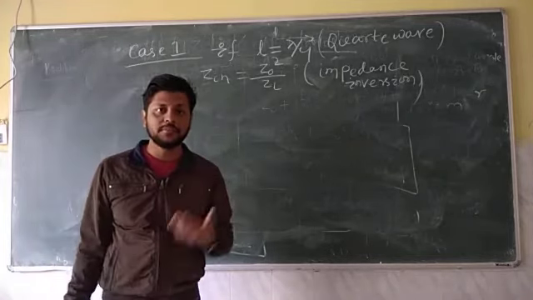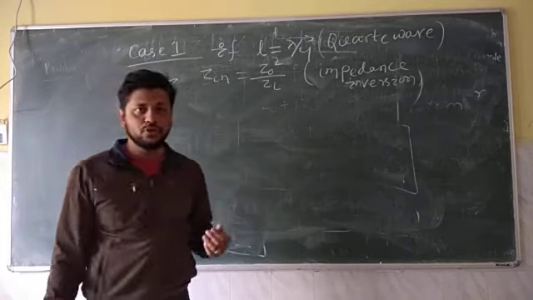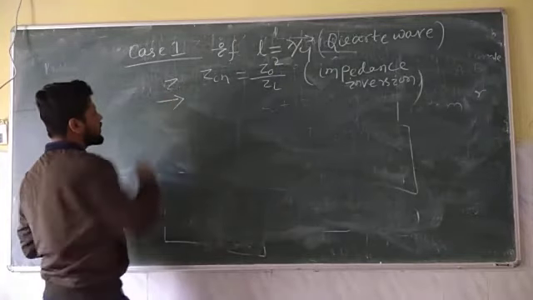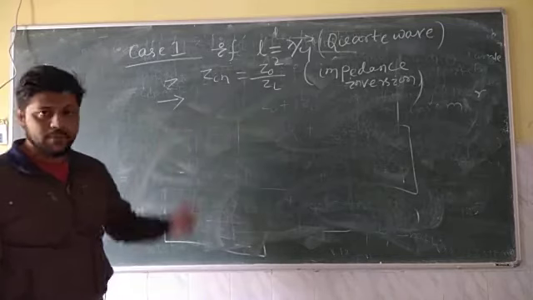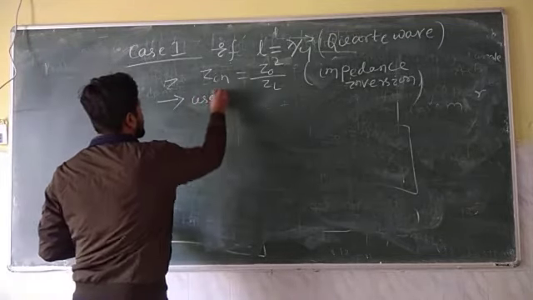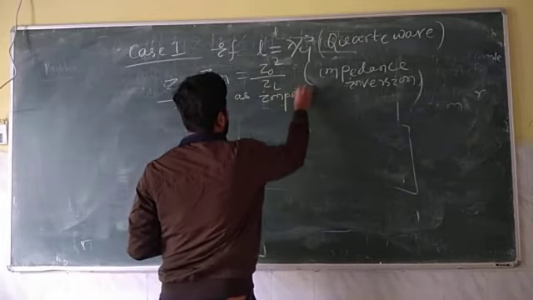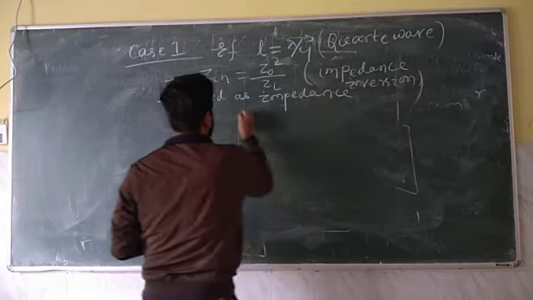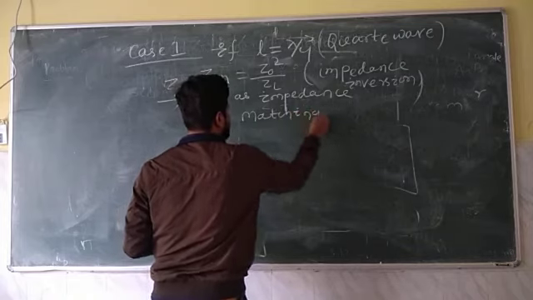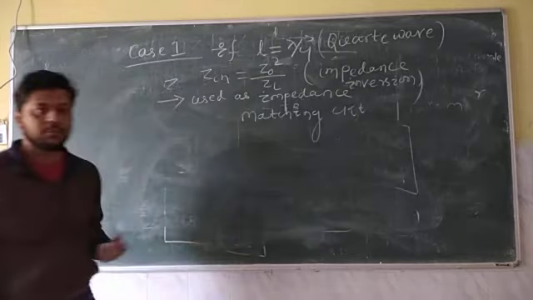This circuit has various significance with respect to a transmission line. It is also used for impedance matching. The biggest application of this quarter wave transformer, the quarter wave transmission line, is as an impedance matching circuit.